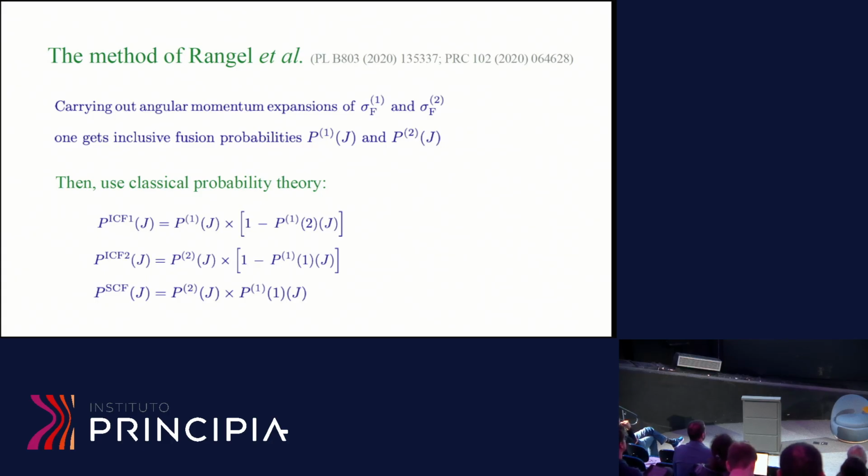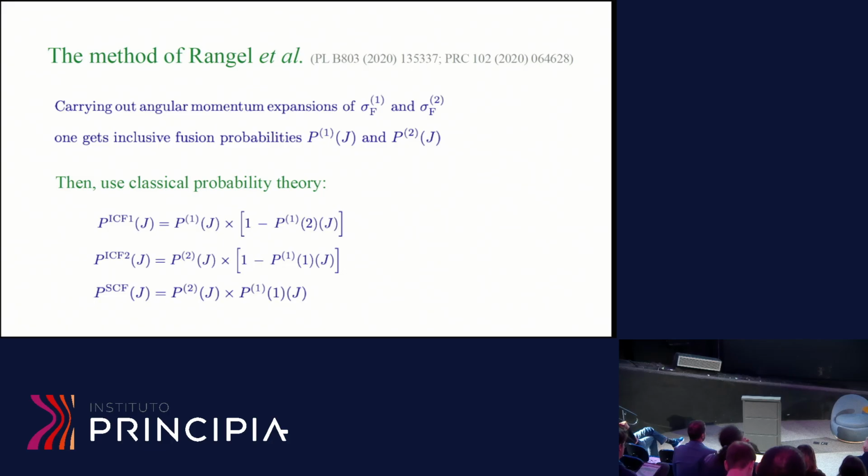Then we use classical probability theory, saying that the probability of incomplete fusion of fragment 1 is equal to the probability of capture of fragment 1 multiplied by the probability of no capture of fragment 2, that is, 1 minus the probability of fragment 2.